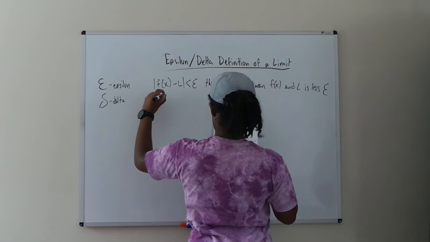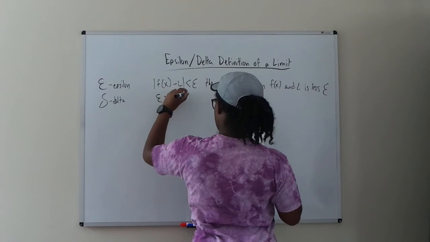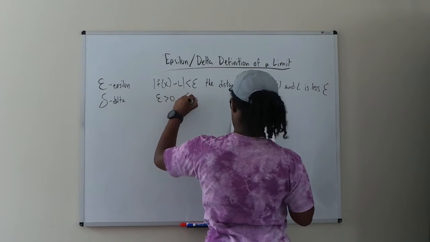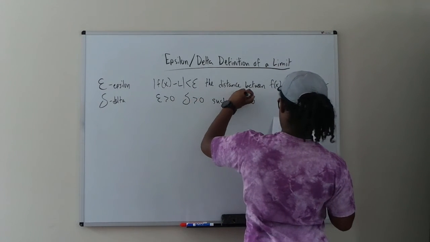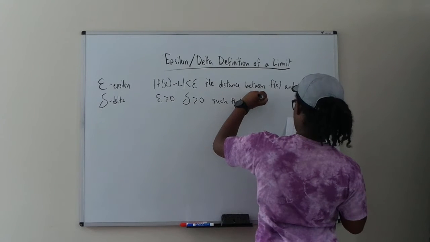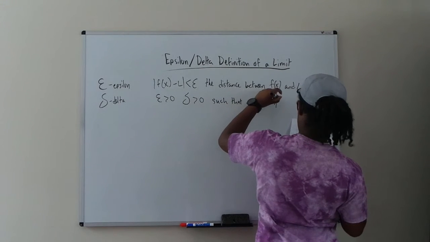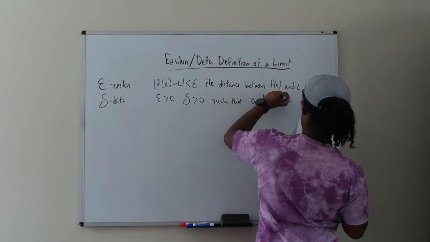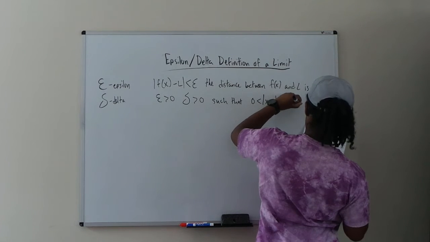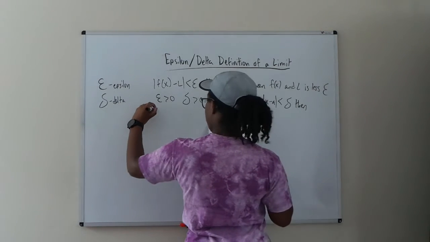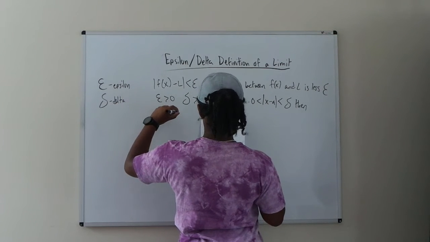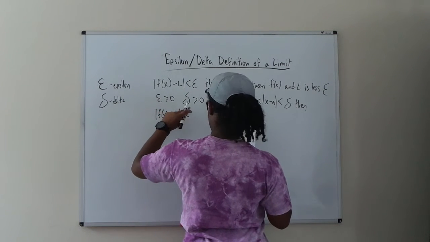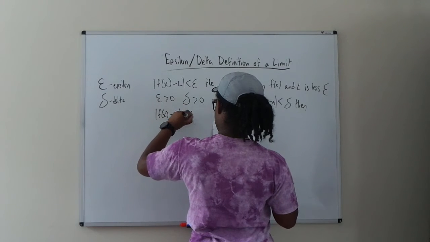Epsilon is greater than 0, and delta is greater than 0, such that if 0 is less than the absolute value of x minus a, which is less than delta, then the absolute value of f of x minus L is less than epsilon.